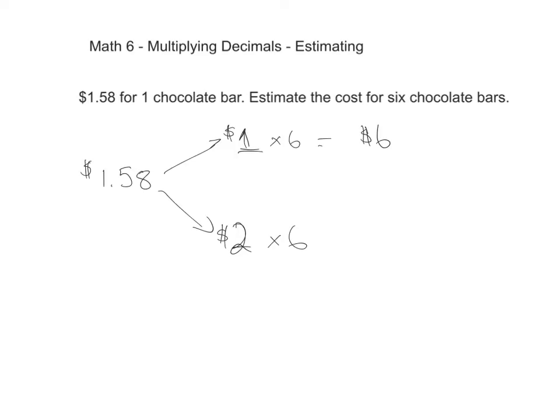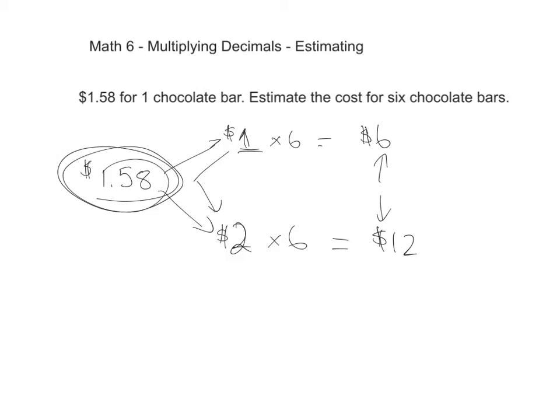If the cost of the chocolate bar, if I rounded that to $2, you can see the total cost would be $12. So the neat thing is I know that the actual cost of the chocolate bars was in between these two values. So therefore, the cost of buying 6 of them would be in between these two values. So I could see that my answer here would be between $6 and $12.